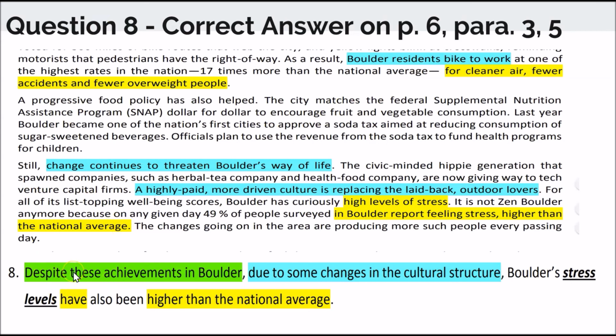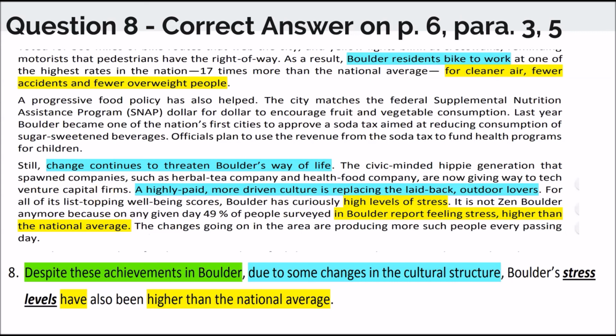Instead of the chunk here, despite these achievements in Boulder, in the text, we are given this sentence, still, change continues to threaten Boulder's way of life. So the words threaten and despite can be seen as linked, right? There's a link between them in terms of meaning here.